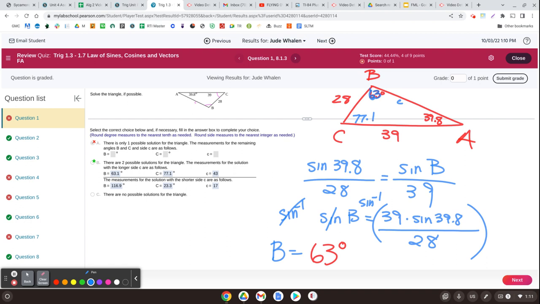And then to find C, I'm going to go sine of 77.1 is to C. Now, always use the given information, Jude. 77.2. Is it 2? Yeah. Did I round that one?